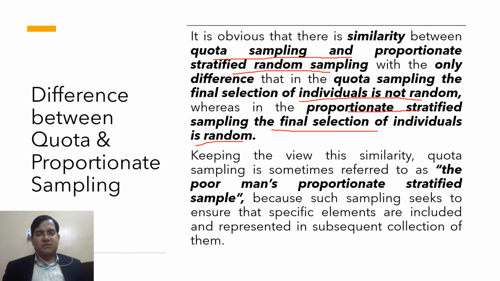Quota sampling is sometimes referred to as proportionate stratified random sampling. That's why quota sampling is very important in non-probability techniques, because it fulfills all the requirements of proportionate sampling, but at the end it uses a non-probability technique. Without randomization, we finally select our sample.